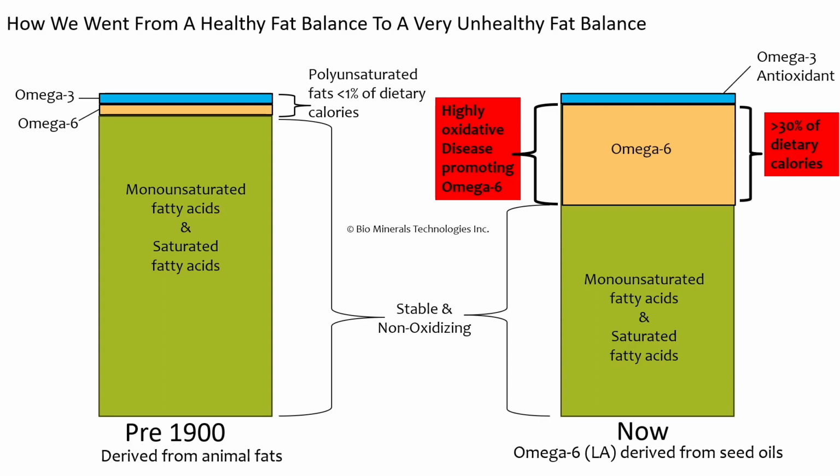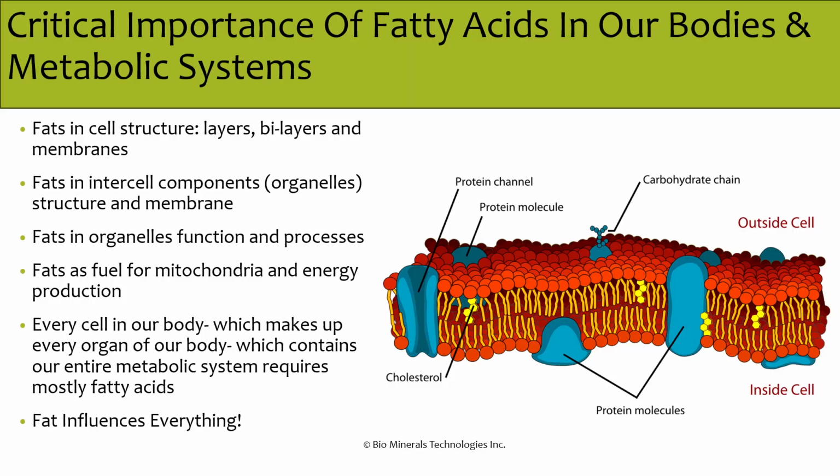These now are in excess of 30% of our dietary calories, whereas before they were less than 1%. We still retain the 1% or less omega-3 antioxidants, but now we have a massive increase of approximately 20 to 25 to 1 of omega-6s. These are highly oxidative and disease-promoting. They are not stable fats.